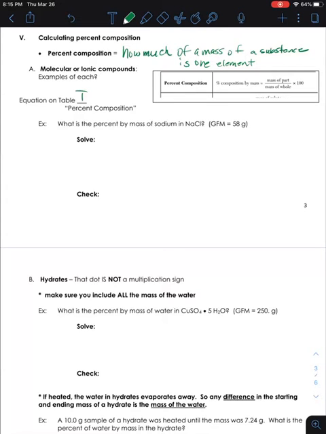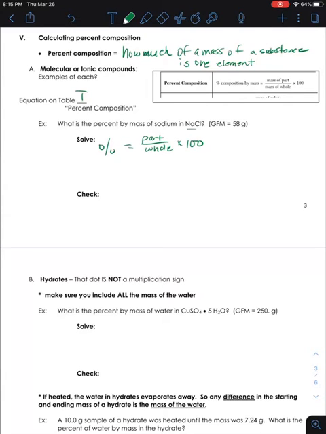Okay. So let's use this example and see if we can solve for this. What is the percent of mass of sodium in the compound NaCl? In math, I like to give you the equation. So percentage equals mass of the part divided by the whole times 100.